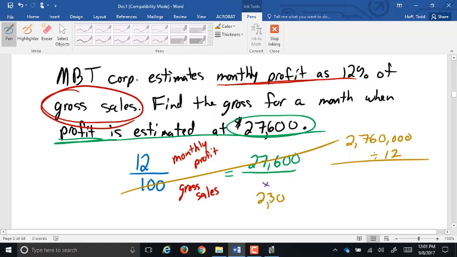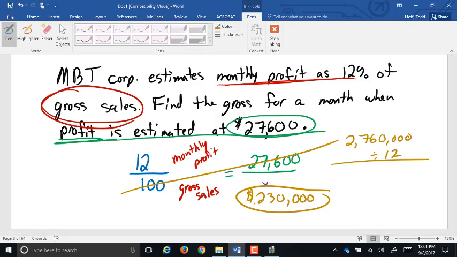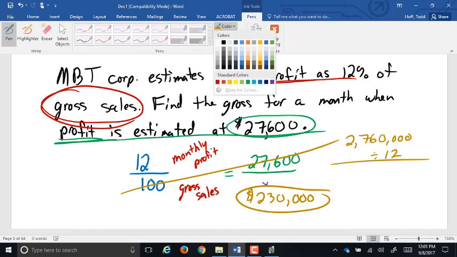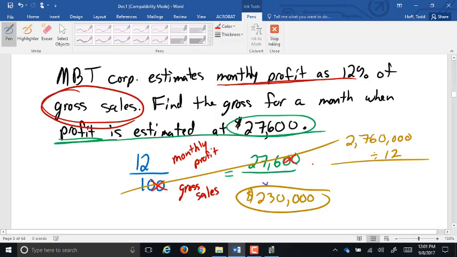I'm getting 230 million. 230,000. Yeah, I'm getting 230,000. Got an extra zero somewhere. Actually, I gotta be careful.